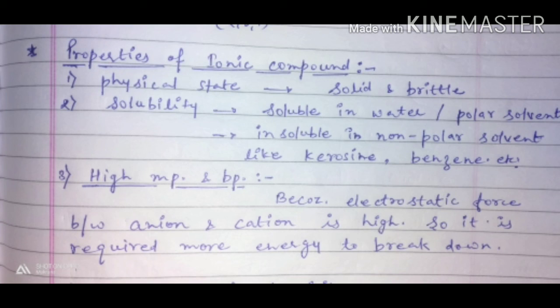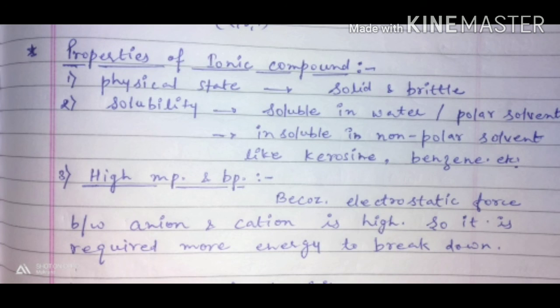Brittle means when we exert force on the ionic compound, it breaks into pieces. Second, solubility. Ionic compounds are soluble only in polar solvents like water, and are insoluble in non-polar solvents like kerosene, benzene, chloroform, etc.